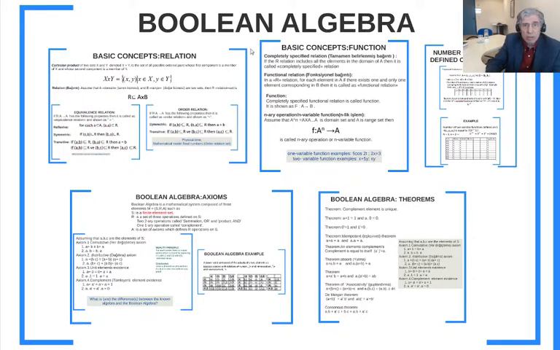Based on that relation, we're going to talk about the basic concept of function, the number of functions that we can define on finite sets, Boolean algebra axioms, and Boolean algebra theorems. In order to give the axioms, I need to explain these basic relations first. So altogether there are going to be 5 videos, as I said, 1, 2, 3, 4, 5.